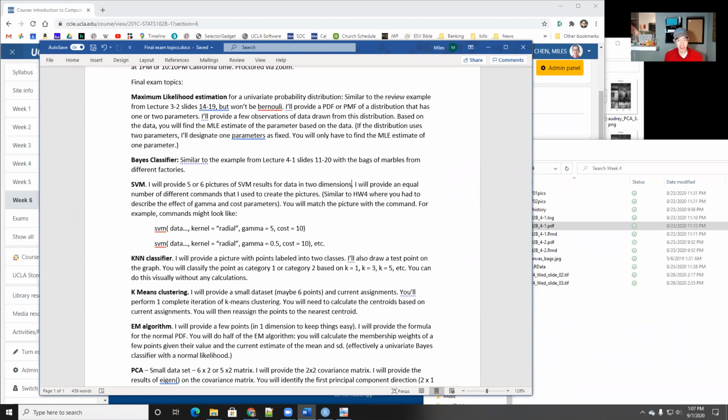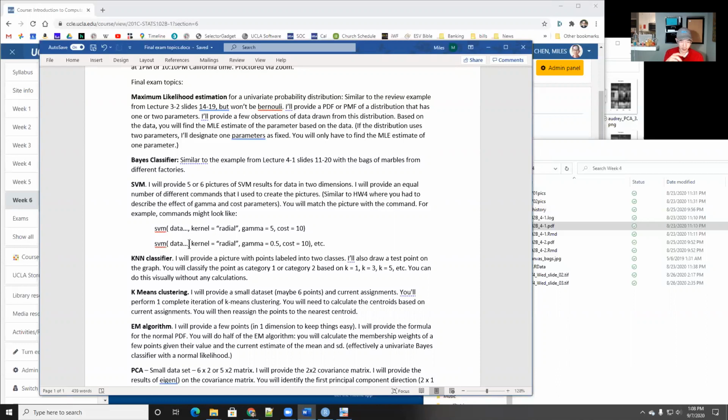I'm going to ask you to match each picture to the command. It'll be like the homework, where you had different SVM results and had to talk about the gamma and cost parameters and their role. Here you don't have to do any explanation, you just have to match it.